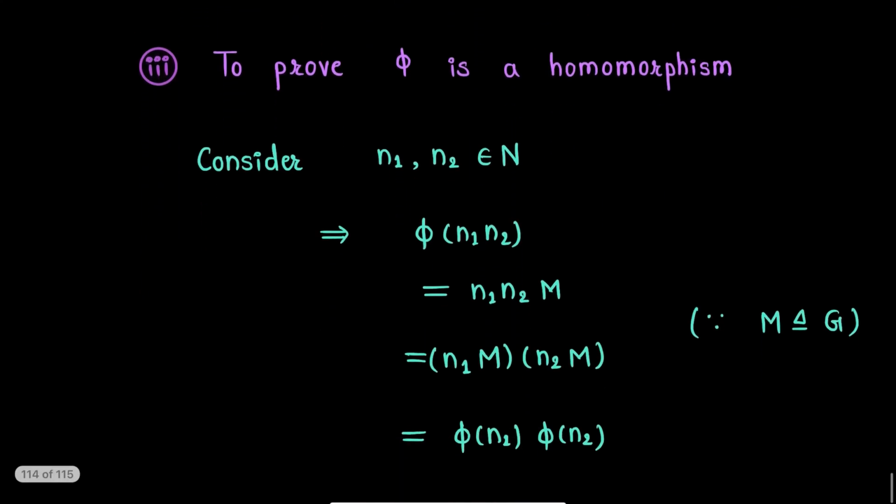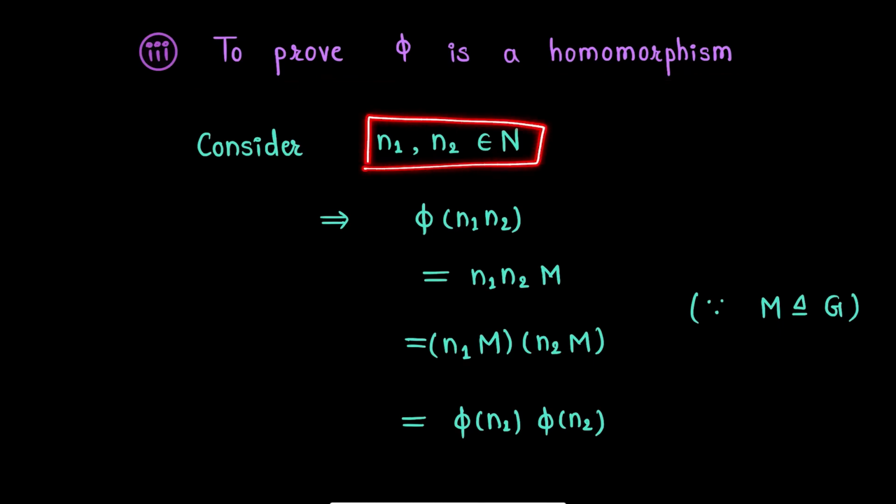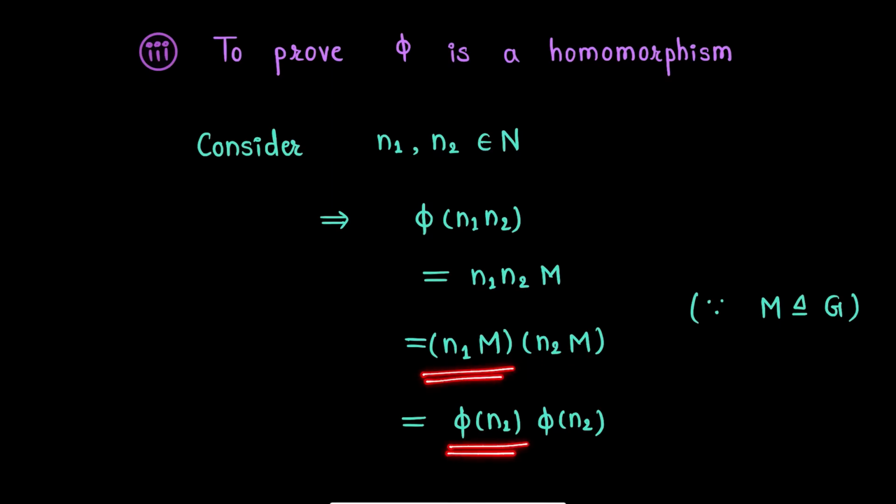Next, to prove phi is a homomorphism, consider any two elements, say n1 and n2 in subgroup N. Then phi of n1n2 will be equal to n1n2M from the definition of phi. Now, as M is a normal subgroup of group G, n1n2M will be equal to n1M n2M, and n1M is phi of n1 and n2M is phi of n2.